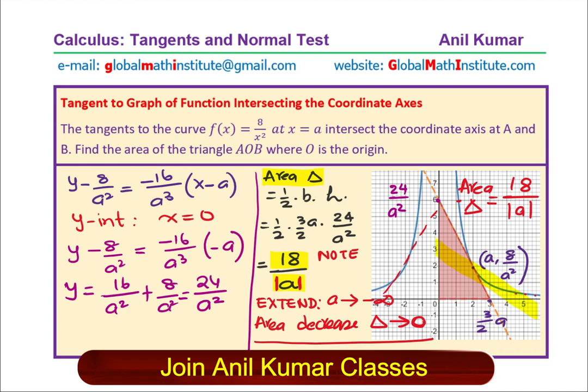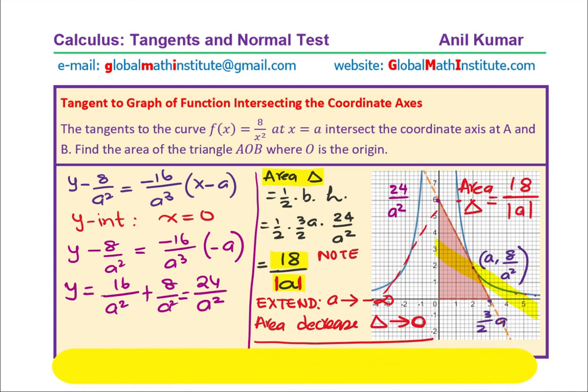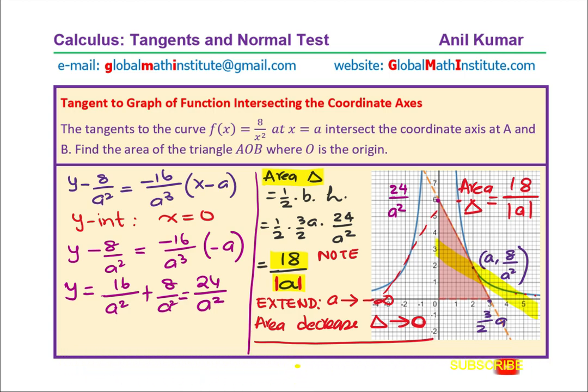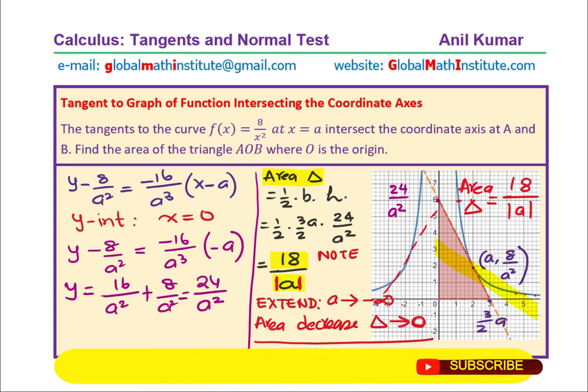Perfect. So the area approaches 0 when the point A is far on the right hand side, or even when it is approaching negative infinity, right? It approaches 0. Make sense? So that is how we are going to solve such a question.